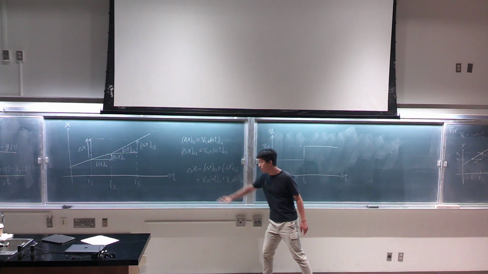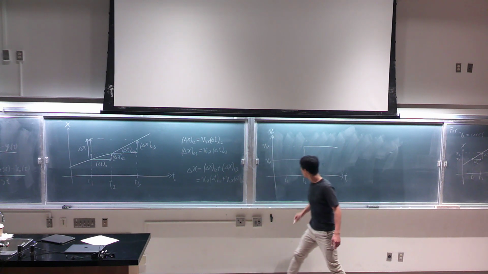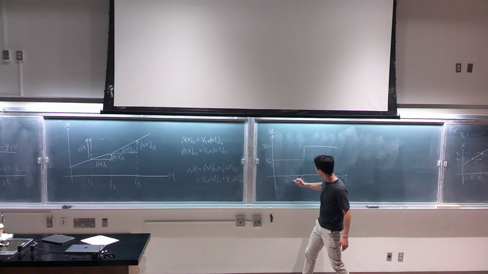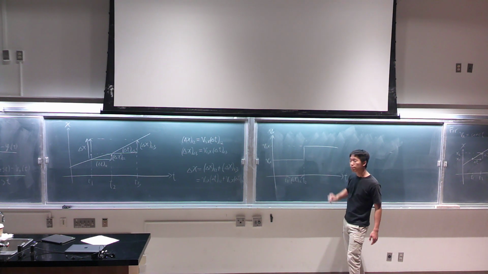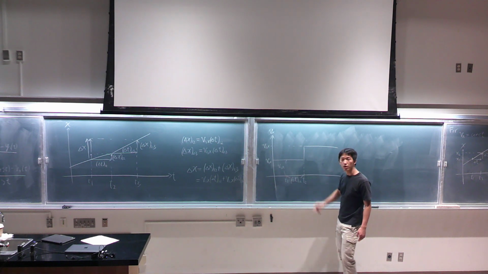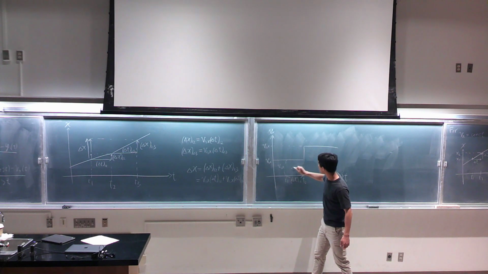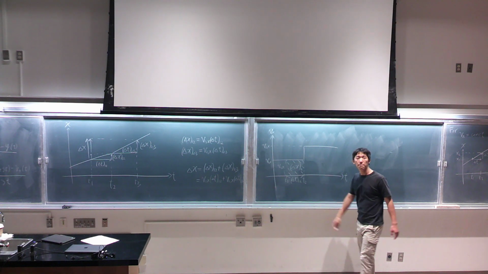Now, the first term, if you look at here, this is t1. Delta t12 will again be the side length of this rectangle, while v1x will be the height of this smaller rectangle. So the first term corresponds to the area of this smaller rectangle. Okay?